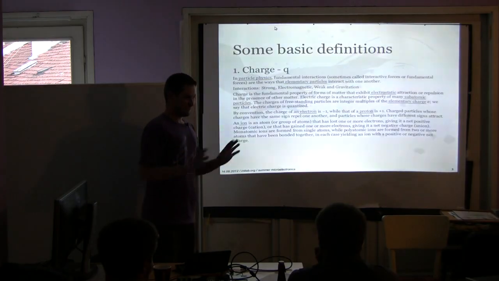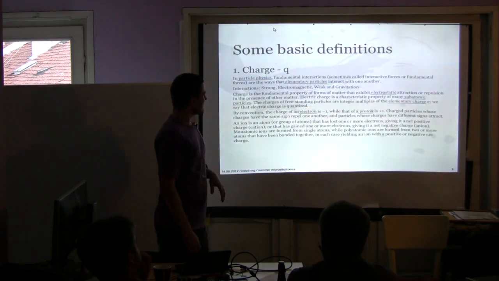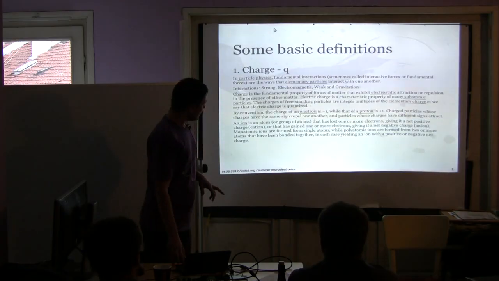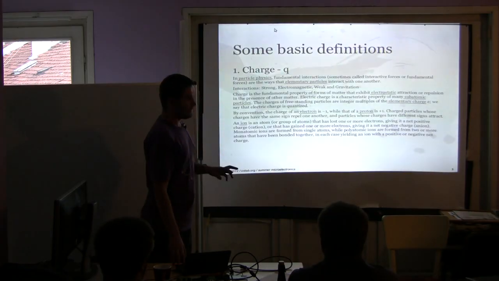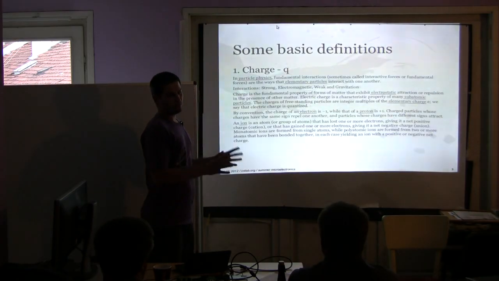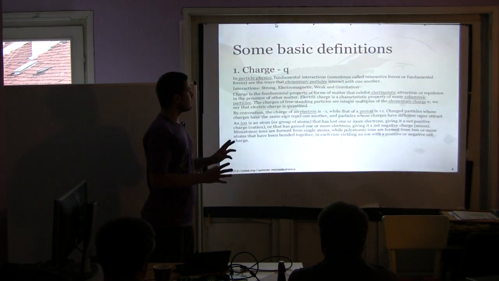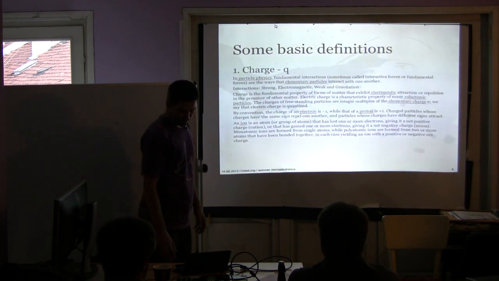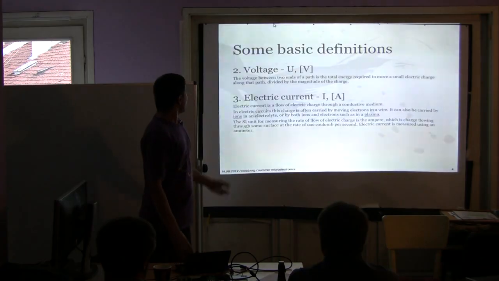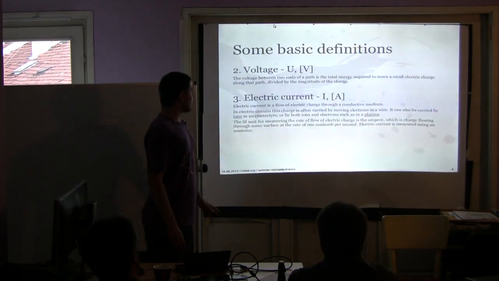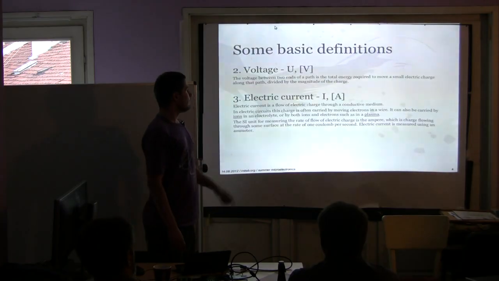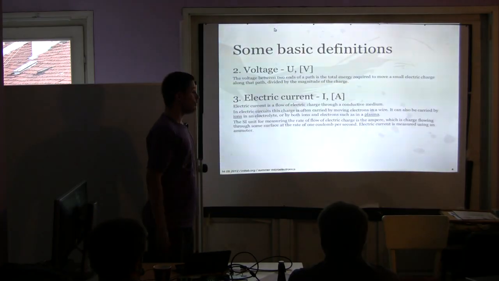I'm not sure if you understand everything, but the voltage is defined between two amounts of charges. So the voltage between two ends of a path is the total energy required to move a small electric charge along the path.